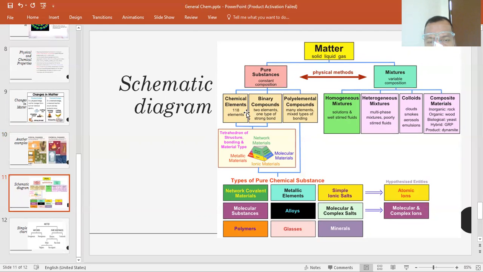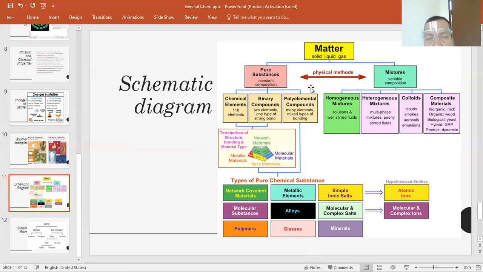Chemical elements, 118, binary compounds, polyelemental compounds, homogeneous mixtures, heterogeneous mixtures, halides, composite materials. Then the tetrahedron of structure and bonding, and the types of pure chemical substance: metallic, simple ions, atomic ions, alloys, molecular complexes, polymers, and so on.